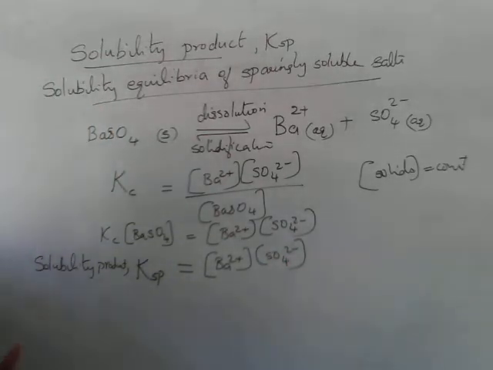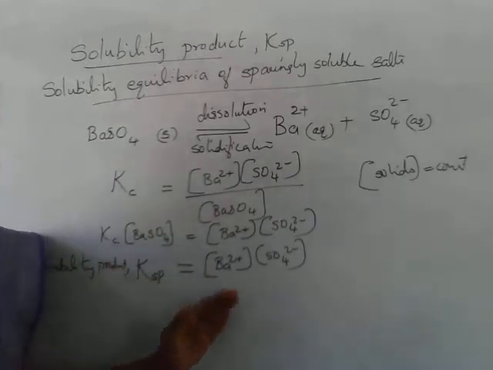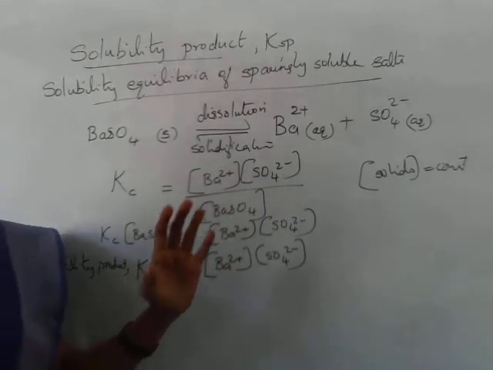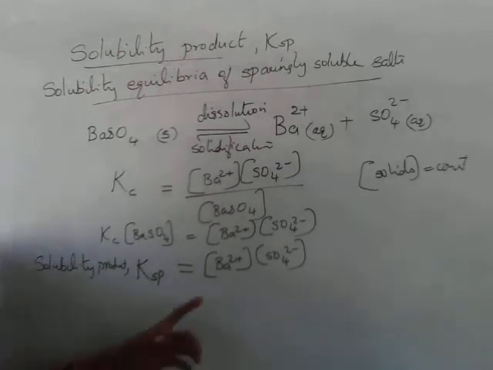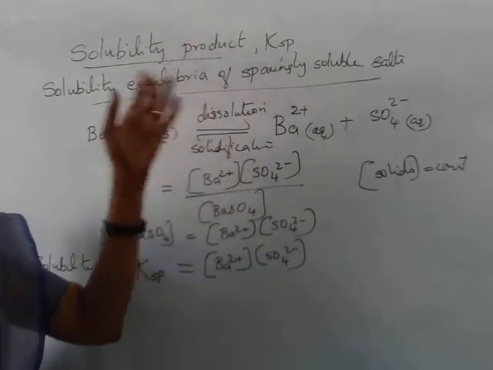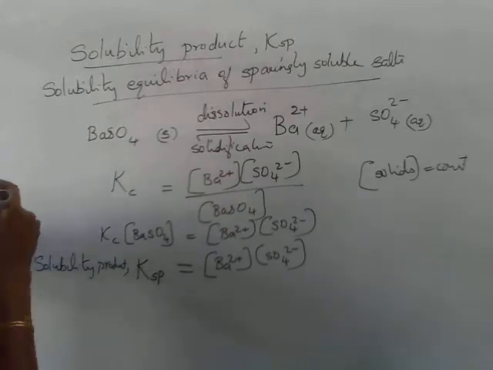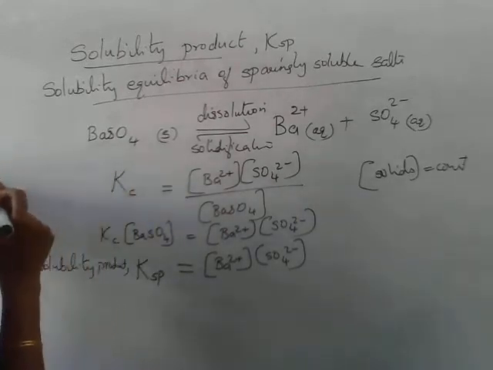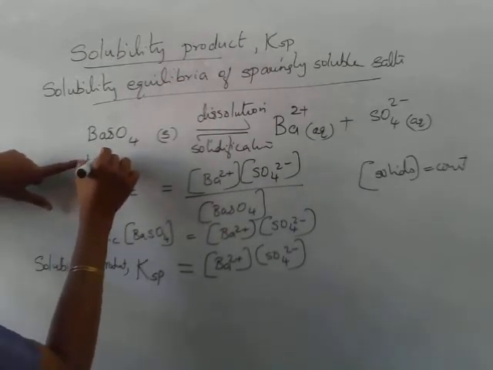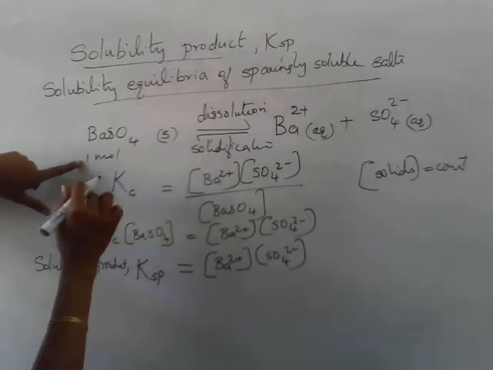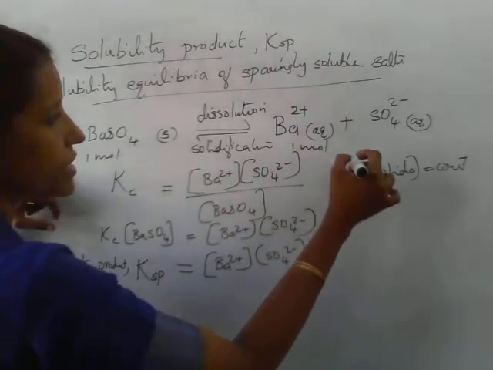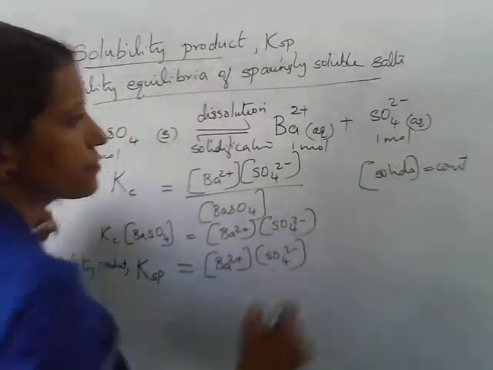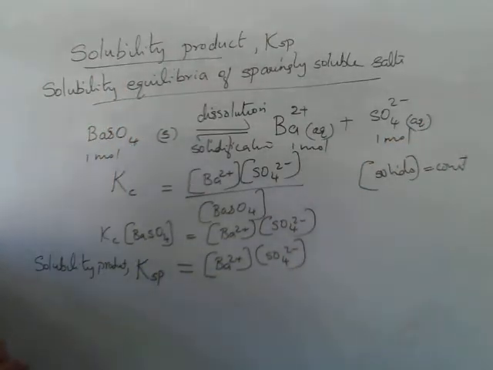In a saturated solution, the concentrations of barium ions and sulfate ions produced will be equal, because as per the balanced chemical equation, 1 mole of barium sulfate when dissolved gives 1 mole of barium 2+ ion and 1 mole of sulfate ion.